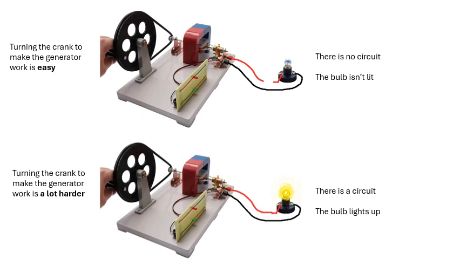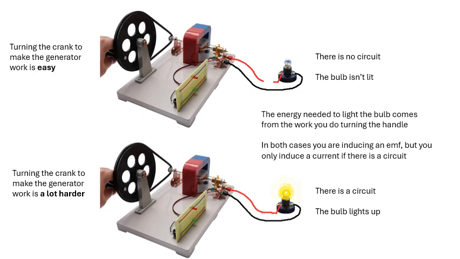So we're turning the generator, but there's a difference now. Turning the crank to make the generator work is a lot harder. We have to do a lot more work, and somehow the work that we are doing is being changed into the heat and light given off by the bulb.